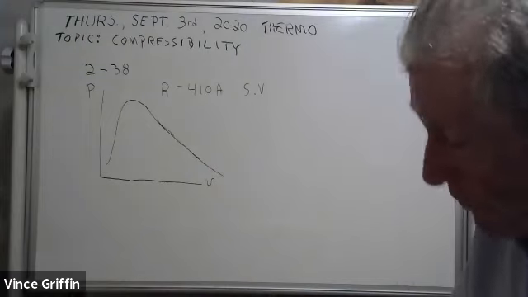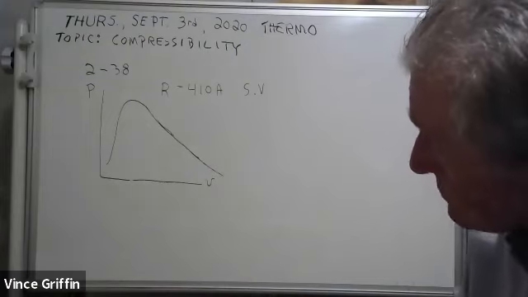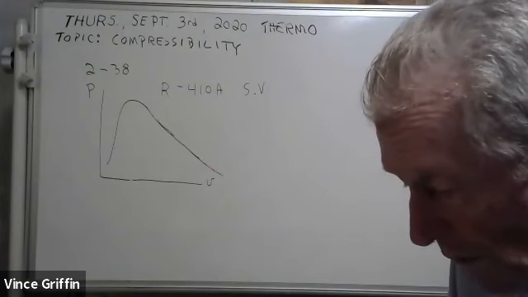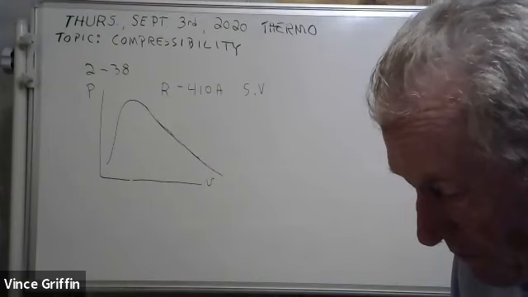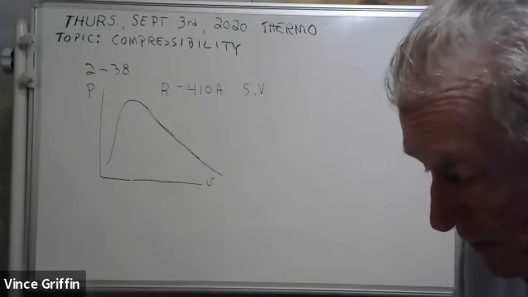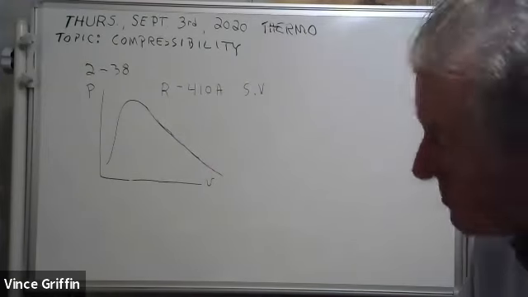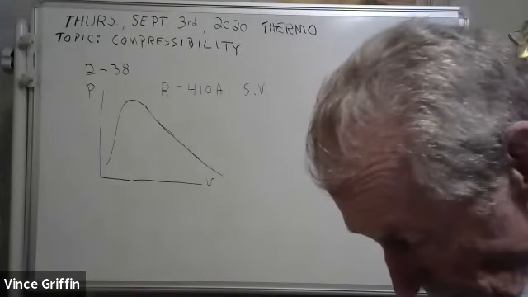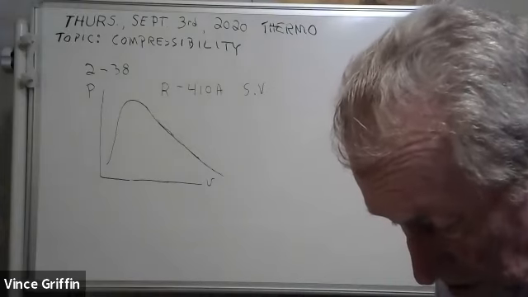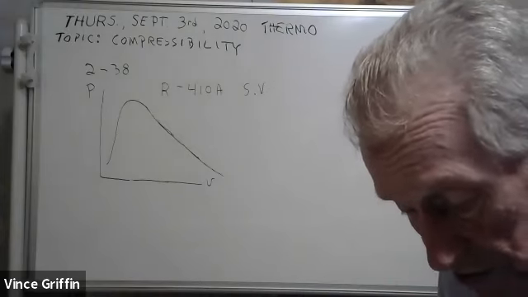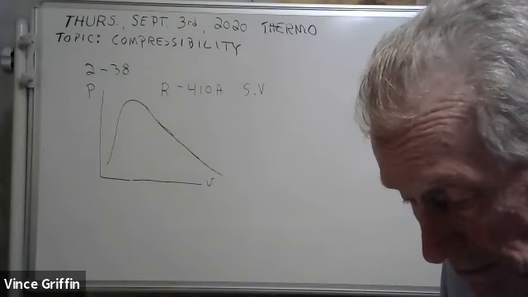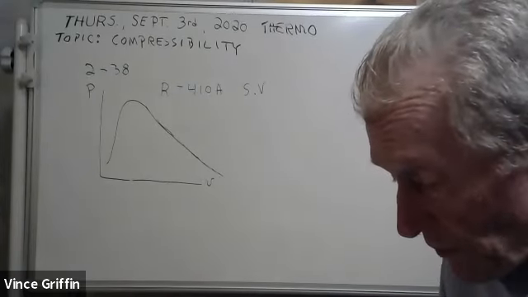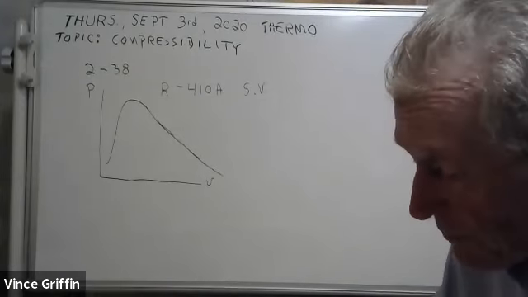Well, let me find R410A. Back in the back. Now, do we want metric or English? Well, if you got 60 degrees Celsius, Celsius is metric, so we don't want English. We want metric.